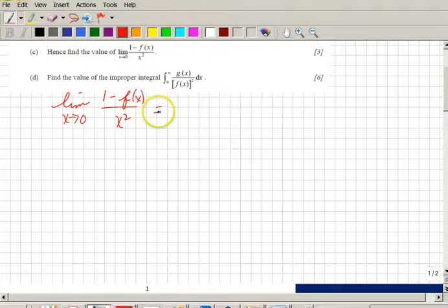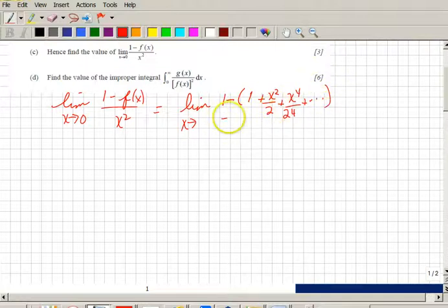So this would be the limit as x approaches 0 of 1 minus that expansion. Now, we only did the first 3 terms, but we'll show that that pattern continues. I'll just go dot, dot, dot, because you'll see what happens here, all over x squared.